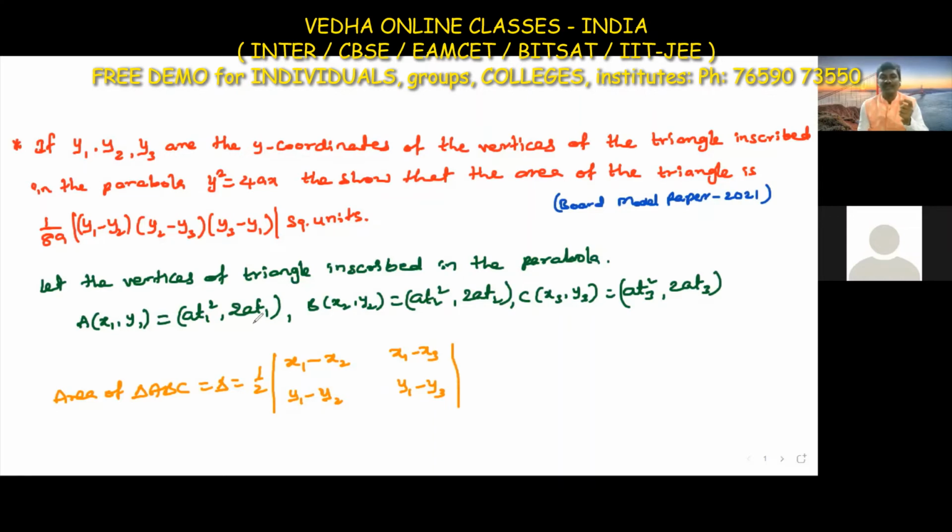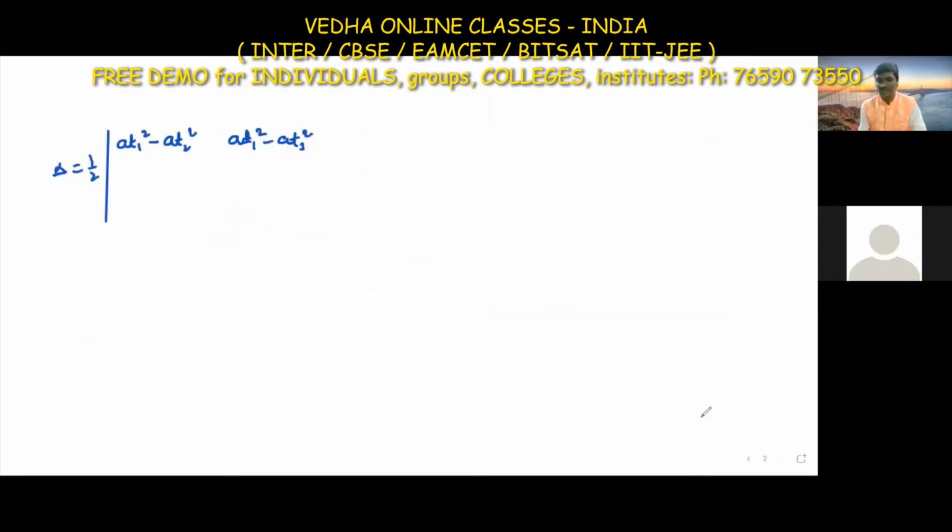Now from y1 also, y1 minus y2 and y1 minus y3. That means 2a t1 minus 2a t2 and 2a t1 minus 2a t3.